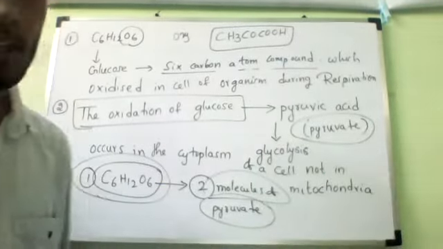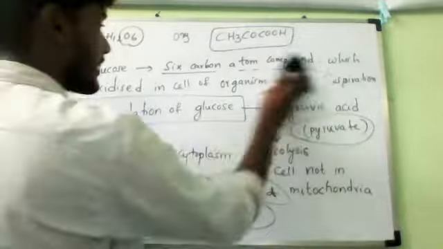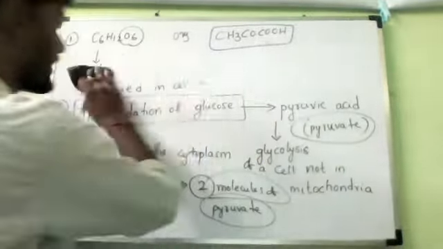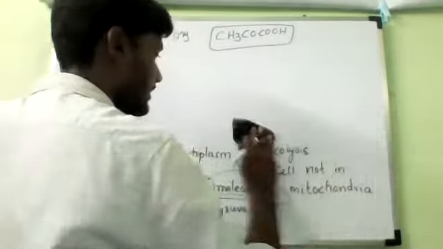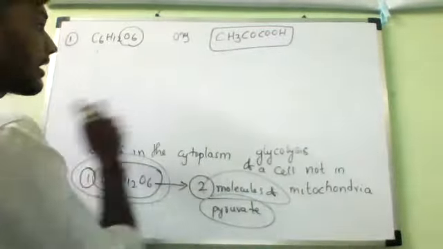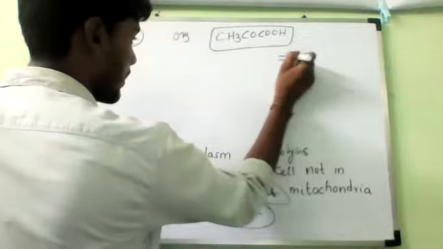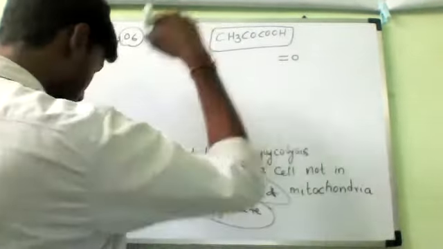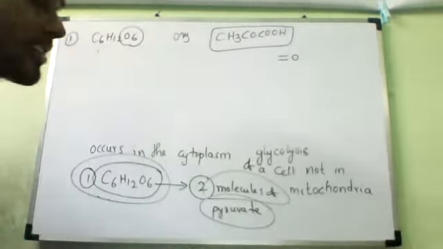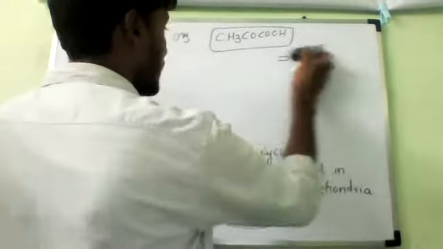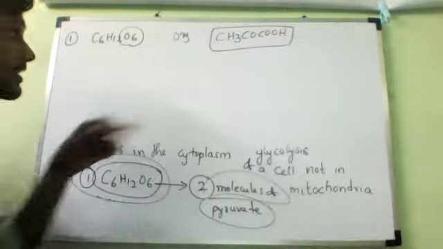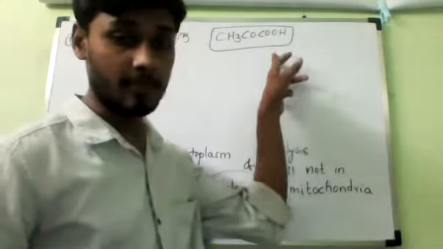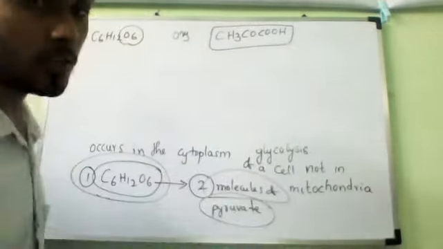Once we study carbon compounds, we can write pyruvic acid in the form of bonds. In class 8 you may remember oxygen is represented with a double bond. You may not know that, but I am saying, so this is the formula of pyruvic acid.